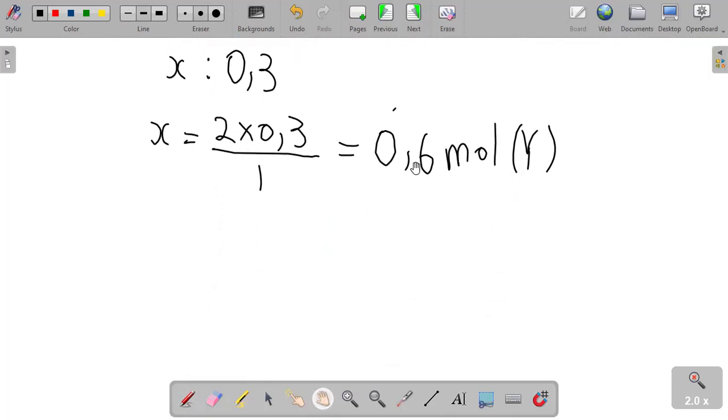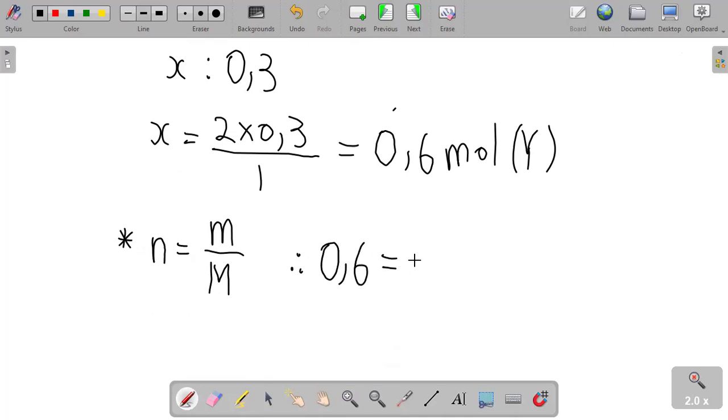So now we have the number of moles for Y. Then we can say n equals m over M, and substitute. Therefore 0.6 equals m over capital M. The capital letter is the one that's going to tell us what is going on here.